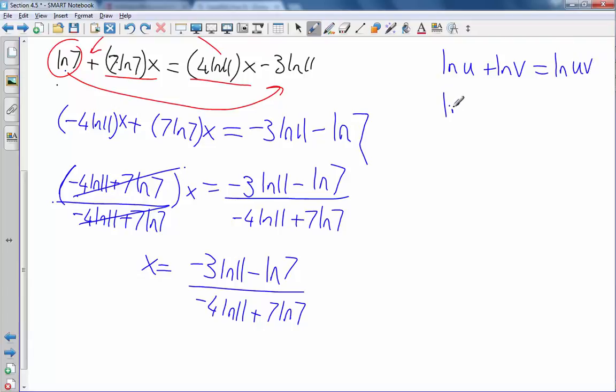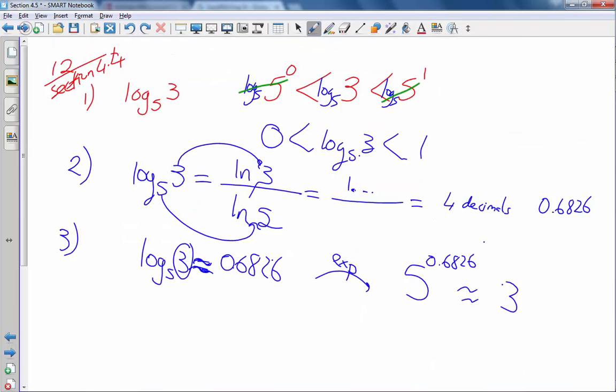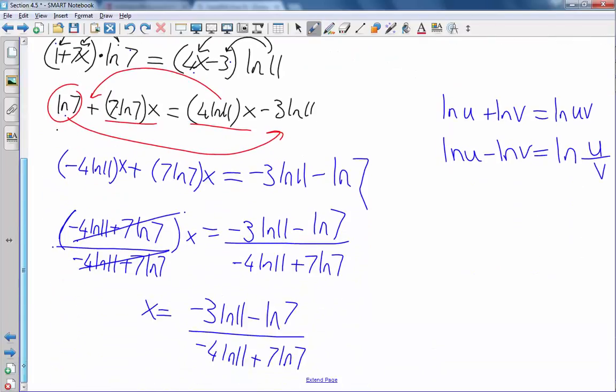If you have a minus, ln u minus ln v is ln u over v. I wrote them yesterday with logarithms, but it works with ln as well.